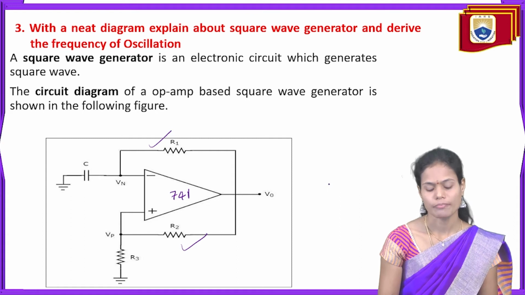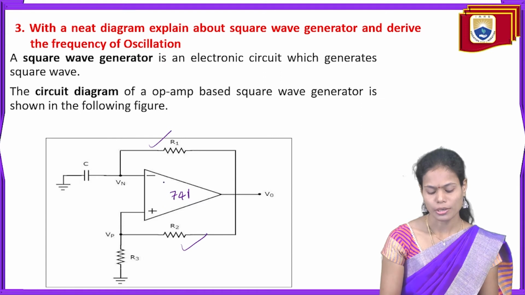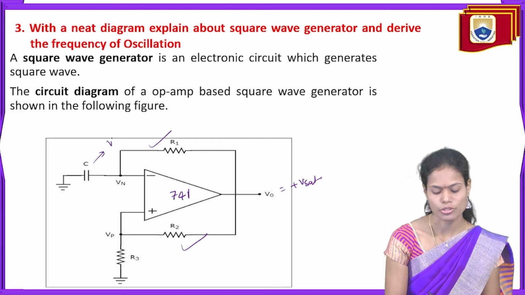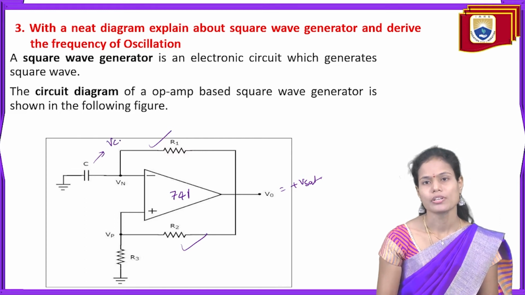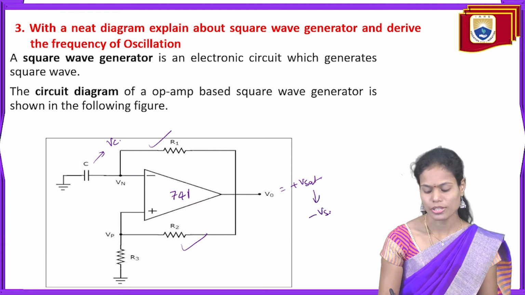Initially the capacitor is in an uncharged condition and no voltage is applied between the two terminals, but because of some input bias voltage present at the positive terminal, the output will reach the positive saturation level. Through this output voltage and through resistance R1, the capacitor will charge to the voltage VC. Once this VC voltage is higher than this voltage, the output becomes minus V saturation.